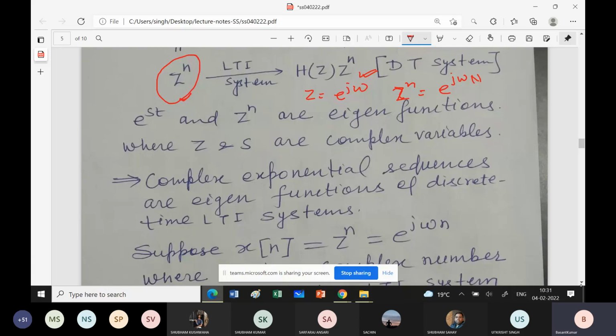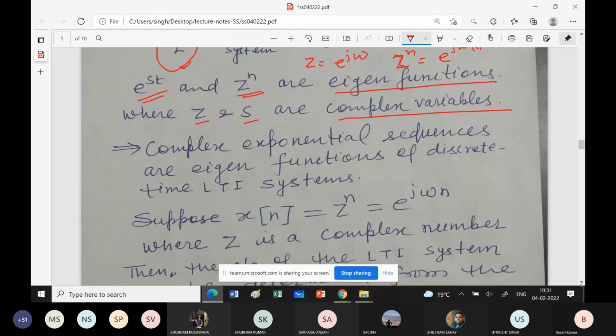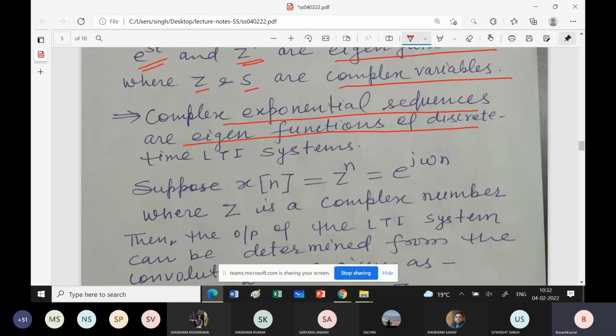So these two signals are eigenfunctions, where z and s are complex variables. z और s जो है complex variables हैं, and complex exponential sequences are eigenfunctions of discrete LTI systems. क्या मतलब हुआ इसका, कॉम्प्लेक्स एक्सपोनेंशियल सीक्वेंस, ठीक है, आर आइगन फंक्शन ऑफ डिस्क्रीट एलटीआई.